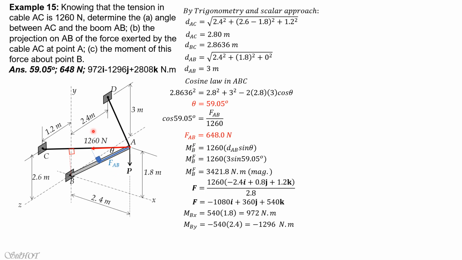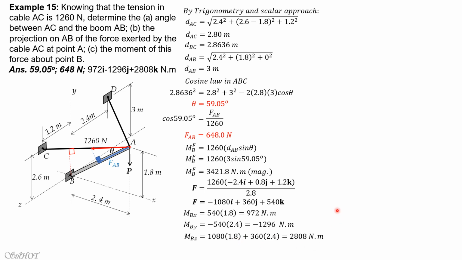So the x component is 1080, and the moment arm is 1.8, plus Fy, which is 360, and the moment arm or distance from the z-axis is 2.4. So MBC is 1080 times 1.8 plus 360 times 2.4. So that is 2808 Newton meter.